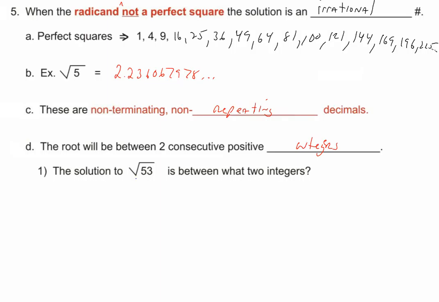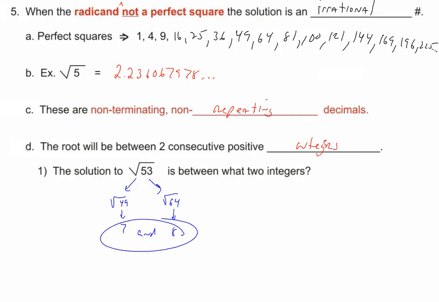So what we want is the perfect square on the left, and that's the square root of 49, which is a 7. And therefore, the perfect square on the right, which is the square root of 64, which is an 8, and that's why Chloe said 7 and 8. The square root of 53 is somewhere between 7 and 8.